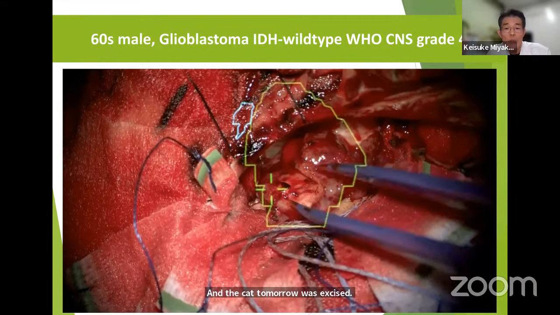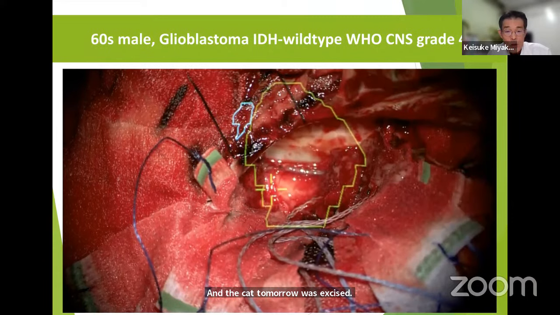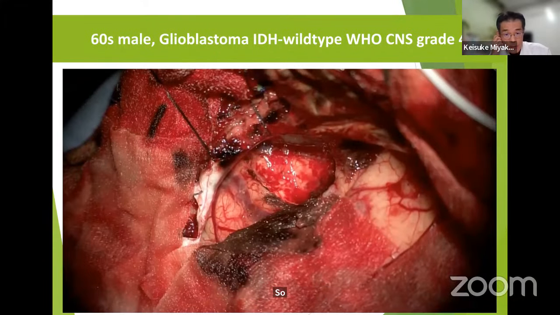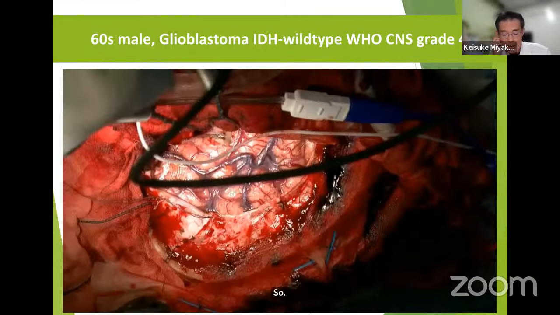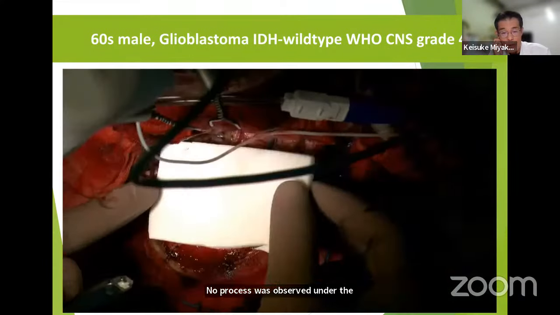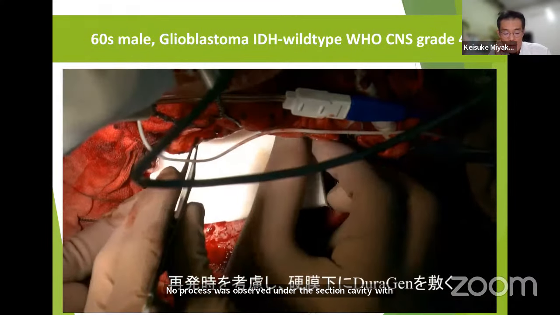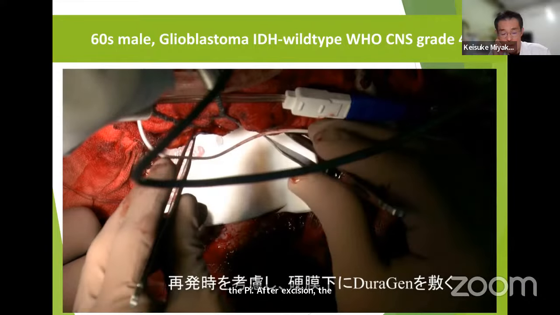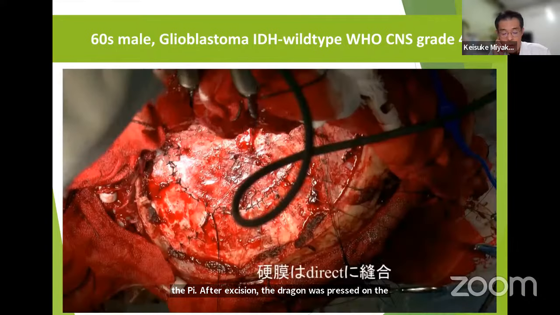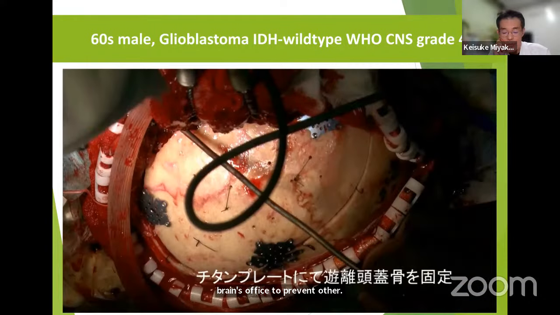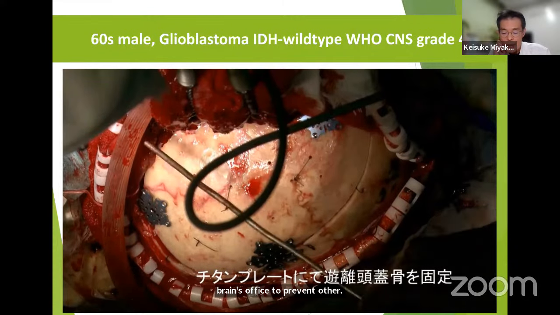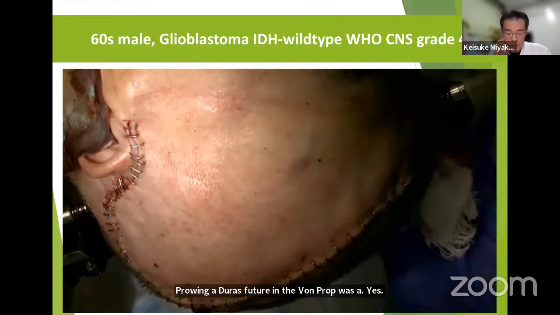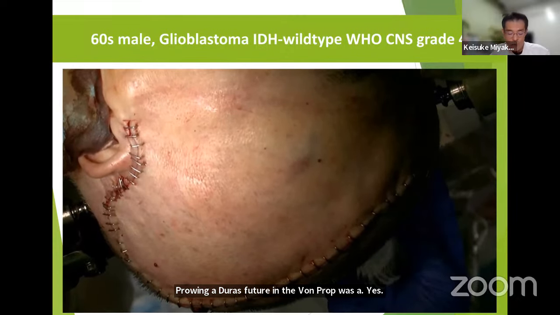No fluorescence was observed in the resection cavity with 5-ALA. After excision, a hemostatic agent was placed on the brain surface to prevent adhesions. Following dural suturing, the bone flap was replaced. The skin was sutured, and the surgery was concluded.